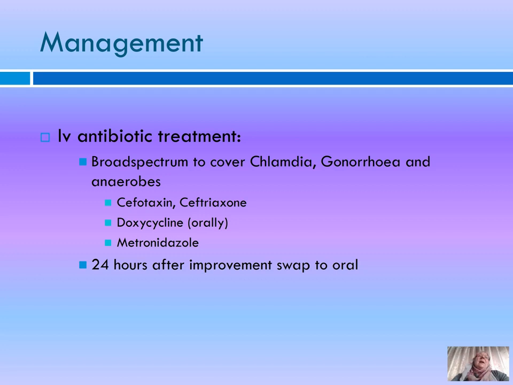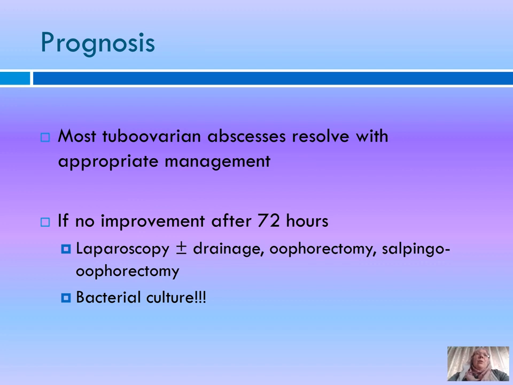It could also be azithromycin and metronidazole, but it has to be a combination treatment, and it should follow the local guidelines. So you give this treatment for 24-48 hours and see what happens. Most tubo-ovarian abscesses resolve with appropriate treatment and management, but some do not improve.